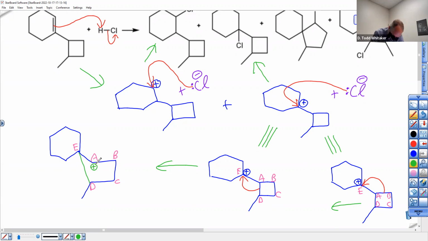And let's draw what we get down here. You got your cyclohexane, it didn't change. You got your E to A, it didn't change. Your A to D to C to B didn't change. And you have a new bond. Need letters. Light pink.